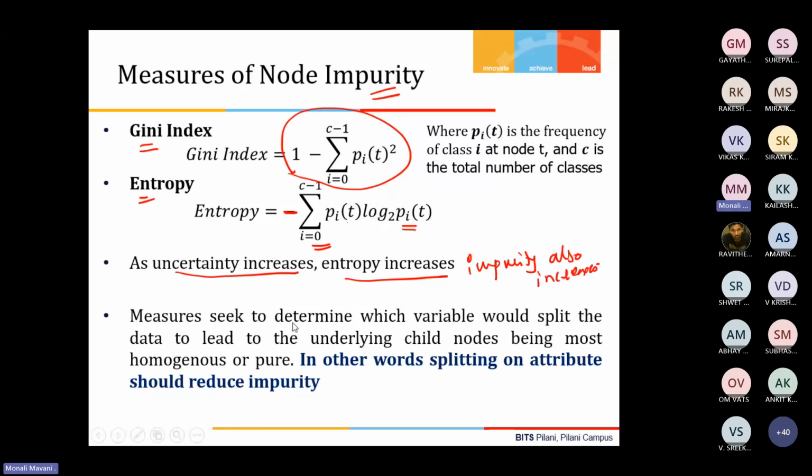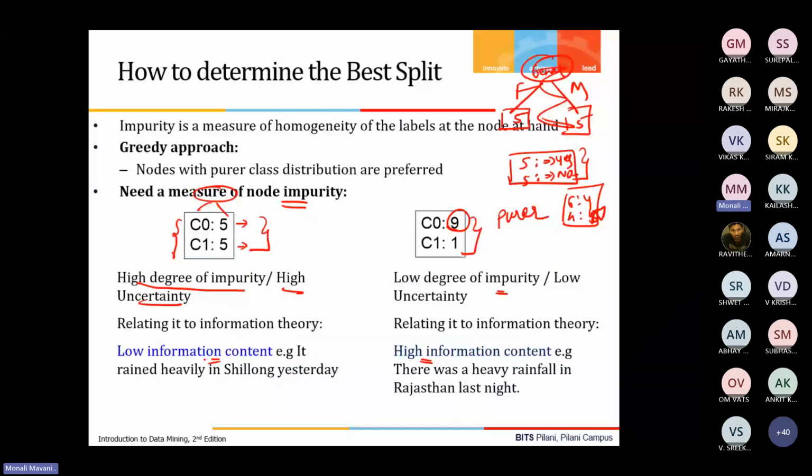Now go back to our decision tree. Why are we studying all these things? We need to find a measure which will help us decide which variable, which feature, we should split the data on, so that the child nodes are the most purer or most homogeneous. Like in these 2 examples, this is purer than this.